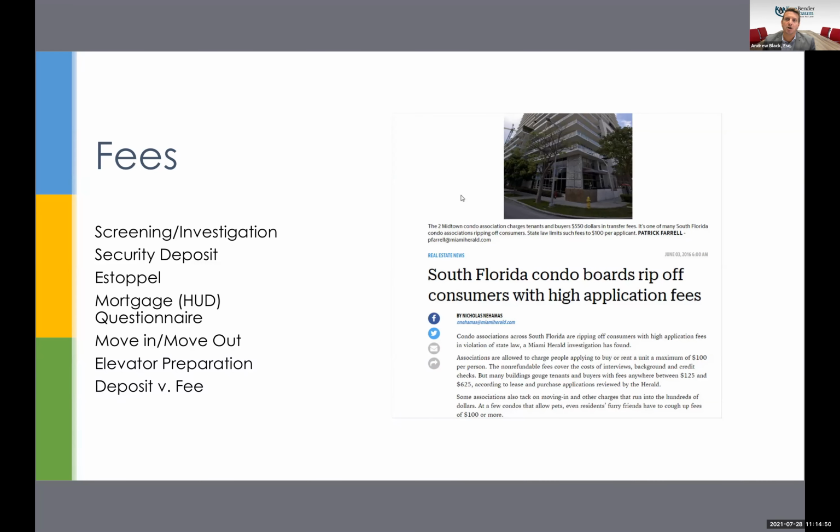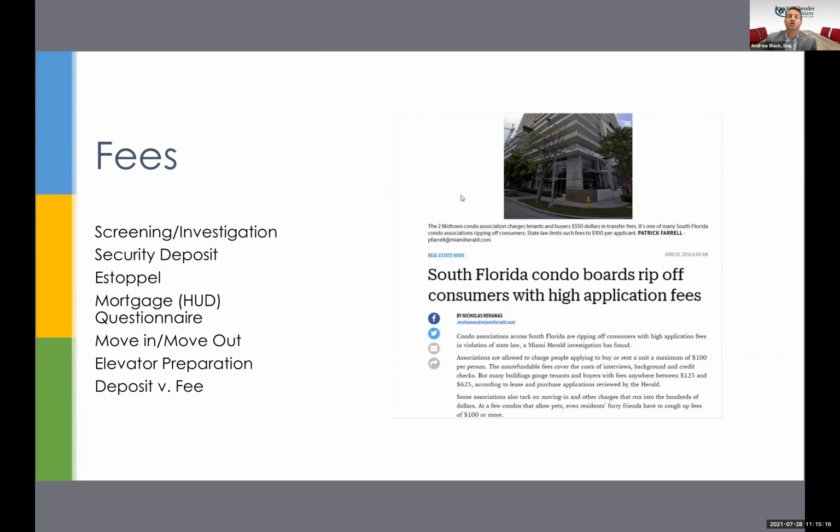And there should be an intake process. When you get the completed application submitted, that date should be logged in. Certainly you will oftentimes utilize a third-party background company to run the criminal check and the financial check, and I'll get into some of the good cause factors that a board could possibly use to turn someone down.